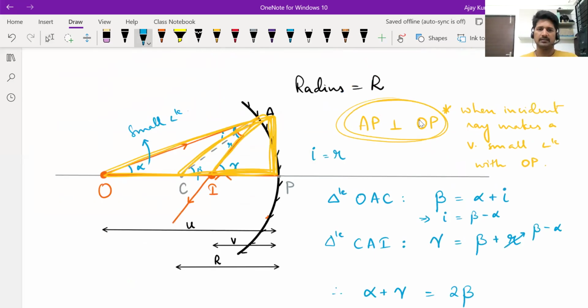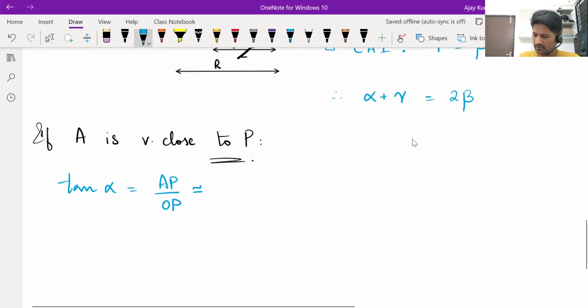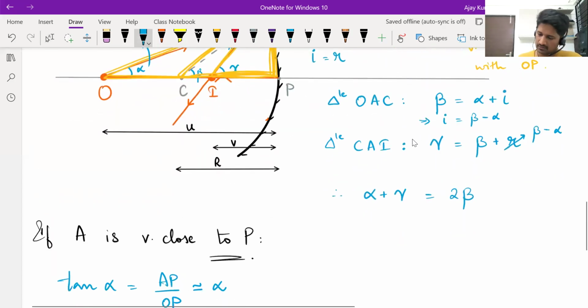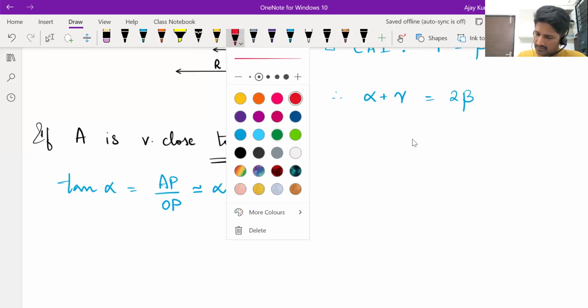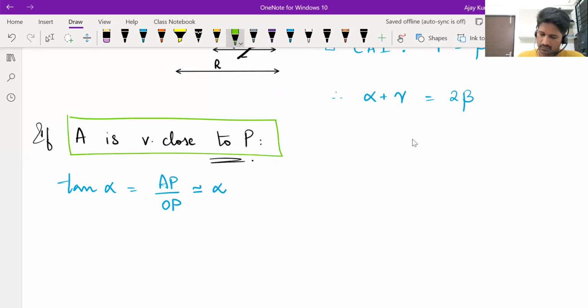For very small angles, tan alpha is equal to alpha itself. It's a mathematical approximation, so this is approximately equal to the angle alpha. Whatever steps we take from now onwards are all valid when this assumption holds: A is very close to P. So this has a condition.